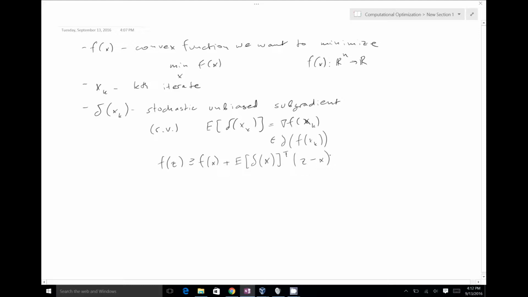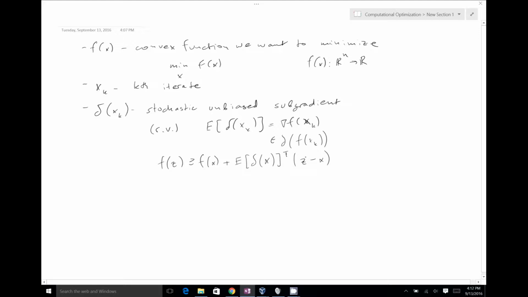Okay, so I just want to visually interpret this for you. By the way, if this was a gradient, what would this be? Like if here, instead of writing expectation of subgradient transpose, I had written just gradient transpose, what would the right-hand side of this inequality be?